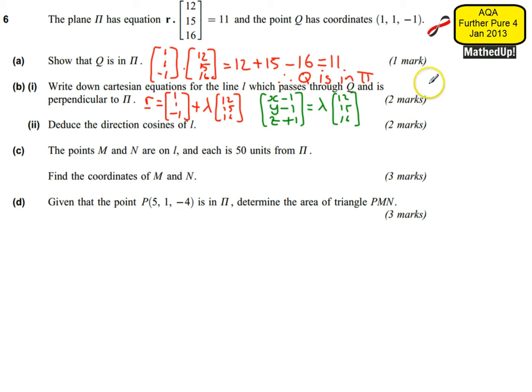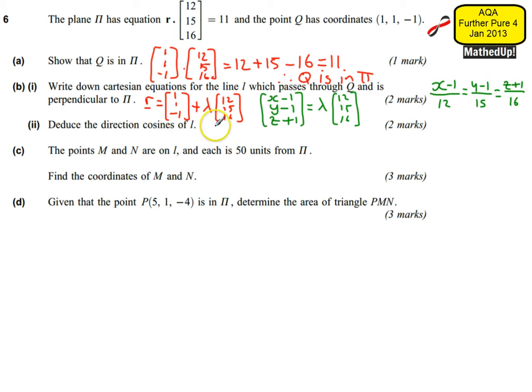So over here I'm going to write down that (x - 1)/12 is equal to (y - 1)/15, and that's going to be equal to (z + 1)/16. Okay, so that's linking together my x, y, and z coordinates, so this is now in Cartesian form. Okay, part 2 says deduce the direction cosines of L.